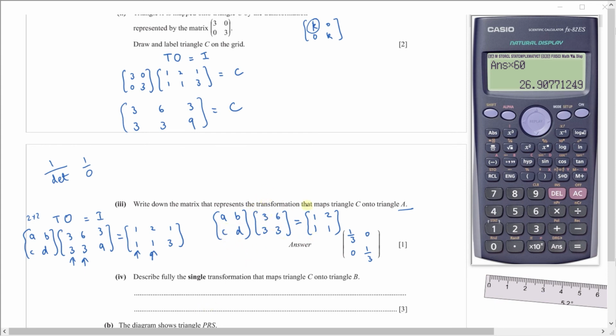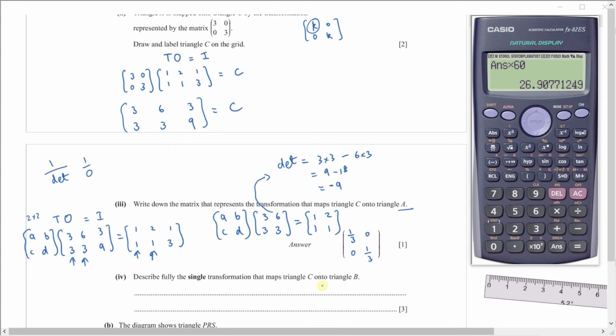So let me find the inverse here. First we need to find the determinant. The determinant here will be 3 times 3 minus 6 times 3. So this is 9 minus 18, so 3 times 3 is 9 and 6 times 3 is 18, so minus 9. This will be your determinant.